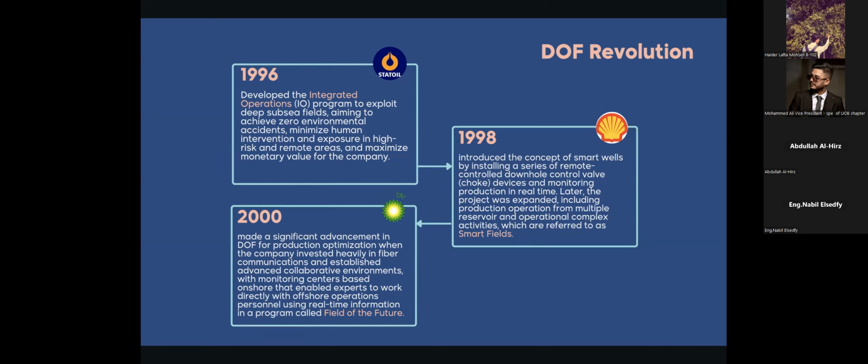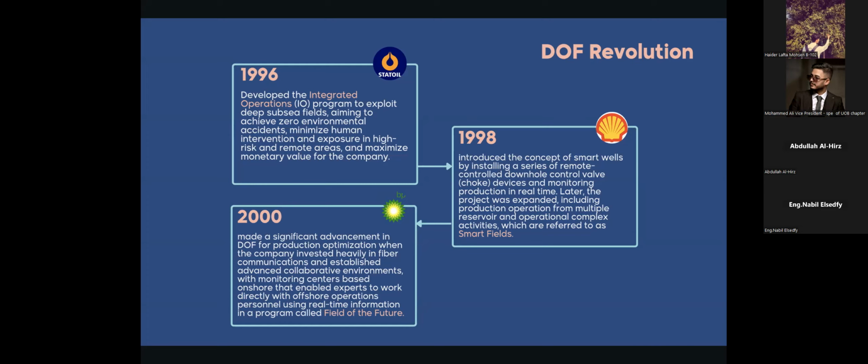The project was expanded to include production operations from multiple reservoirs and other complex operational activities, referred to as a smart field. So if you have ICV or ICD, you call it a smart field, and you need more sensors installed downhole to get more measurements. Shell did this project in 1998, and it was an excellent example for the oil and gas industry.